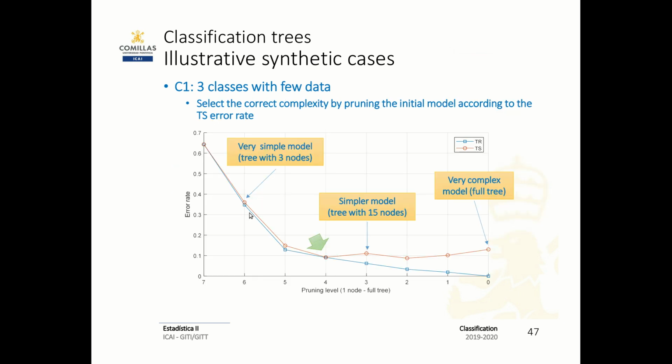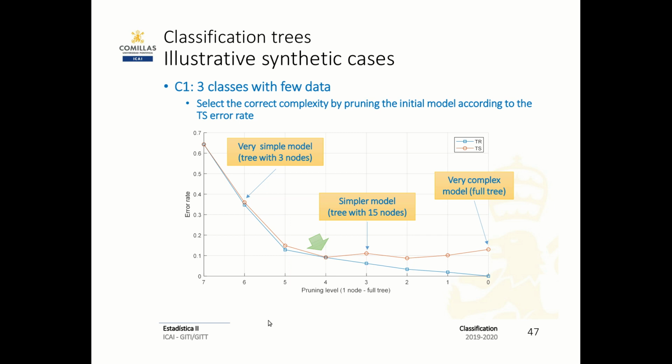So the classification error is around 35%, and here is the rest of the pruning levels. What we learned is that at the beginning these two were too different, and then at some point they get closer and closer and they are not different anymore, but then they are not good models because the classification error is too high.